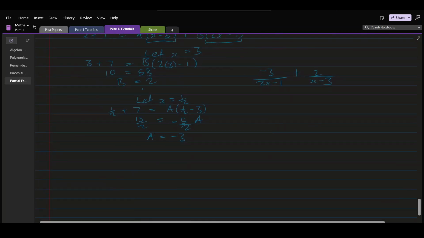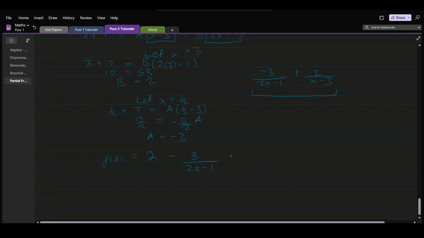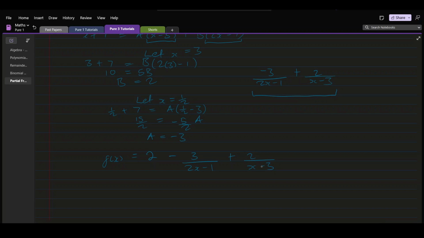And so our final answer would actually be f of x equals: first we write our constant, which is 2, and then we add the decomposition of the proper fraction. That becomes minus 3 over 2x minus 1 plus 2 over x minus 3. And by doing that, you have decomposed the improper fraction into its partial fractions.